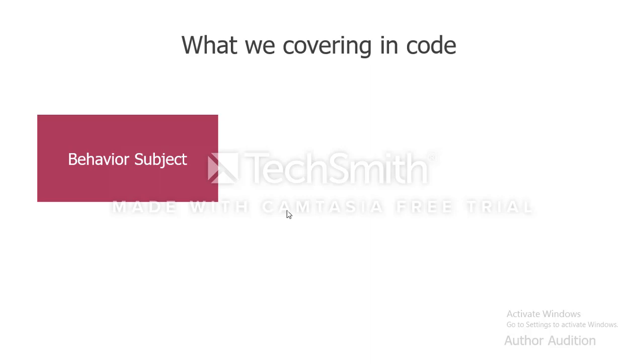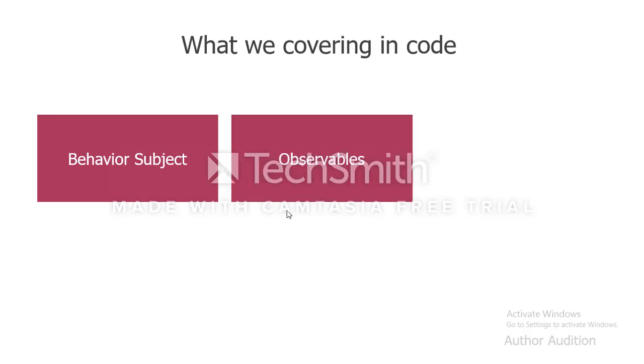For example, at time 1 some information is emitted, but somebody comes in at time 2, so he will also get the information which was last emitted on that particular subject.